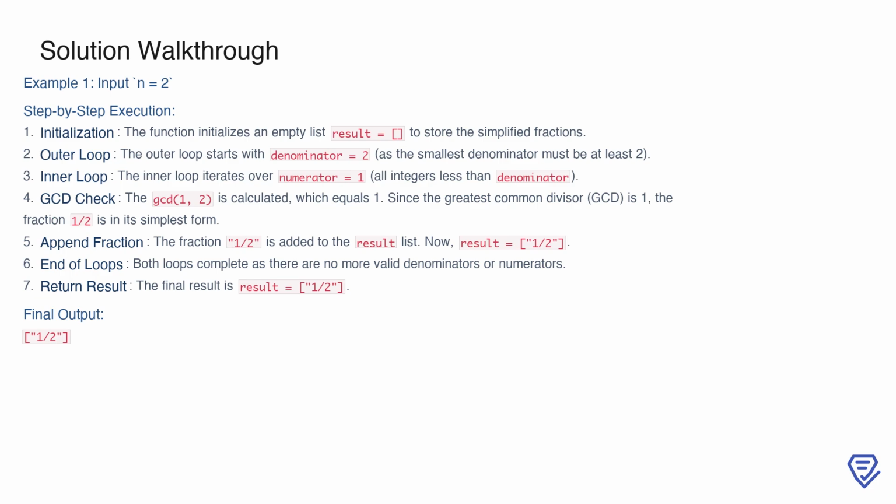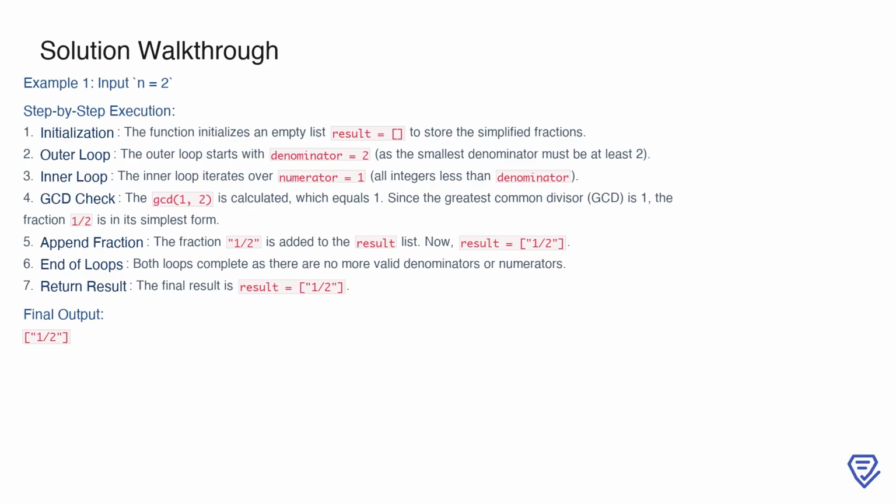For this example, the inner loop starts with numerator equals 1. At this point, we calculate the greatest common divisor, or GCD, of 1 and 2, which turns out to be 1. Since the GCD is 1, the fraction 1/2 is already in its simplest form. We then append this fraction as the string 1/2 to the result list.